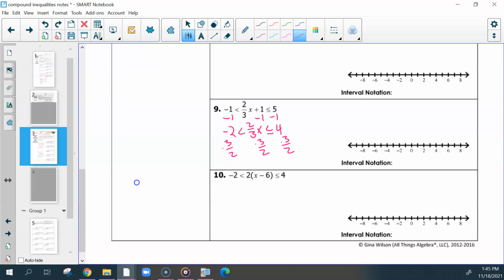So this would become -6/2, which is -3, less than x less than or equal to 12/2, which is 6. So I would start at -3 with an open circle, go to +6 with a closed circle, and connect them. So this would be -3 to +6 with a square bracket.